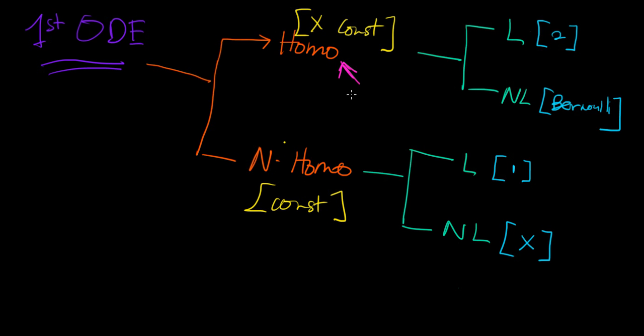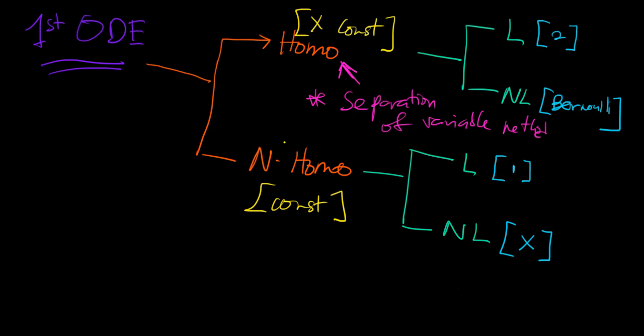We call it the separation of variable method. This is the easiest method. If you can separate it, you can use this method. If you cannot separate it, you have to know whether it's linear or non-linear and then do that method.